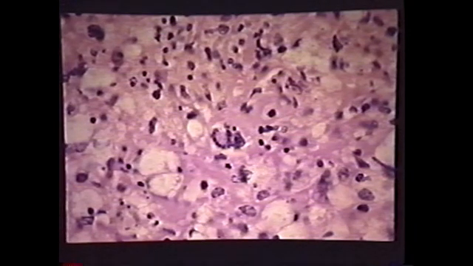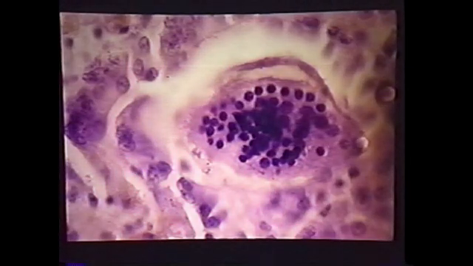And this is the first report of Sarcocystis species causing nervous manifestations in chickens. It has been reported in pet birds, but not in chickens. Here's the liver from another case where we see schizonts of Sarcocystis in the liver with some inflammatory reaction around them.